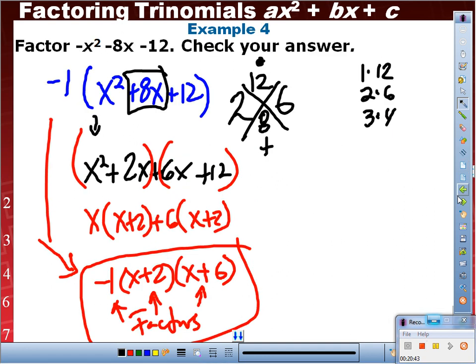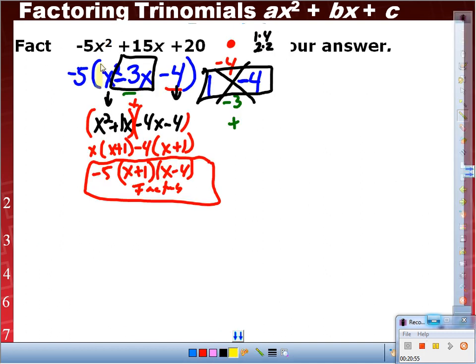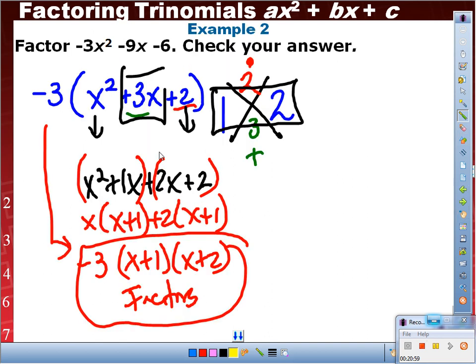Look up to the screen. What is the coefficient here? 1. What is the coefficient here? 1. What is the coefficient here?